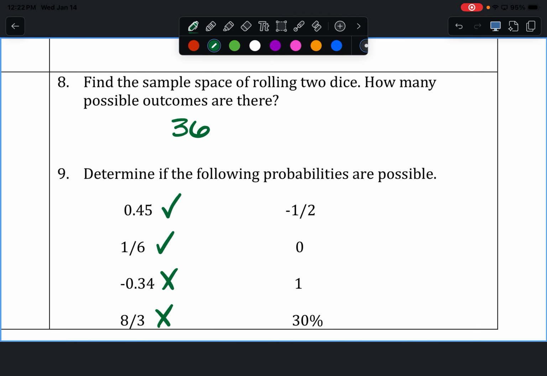No. Can negative 1/2? No. Can 0? Yes. Can 1? Yes. Okay, 30% is the same as 0.3, so can that be a probability? So if you get a probability and your probability is negative or above 1, you need to reevaluate said probability, okay?